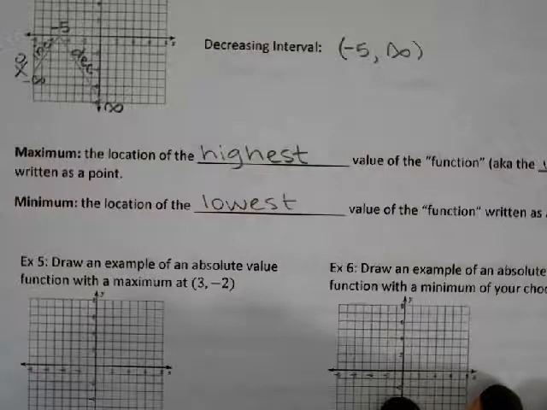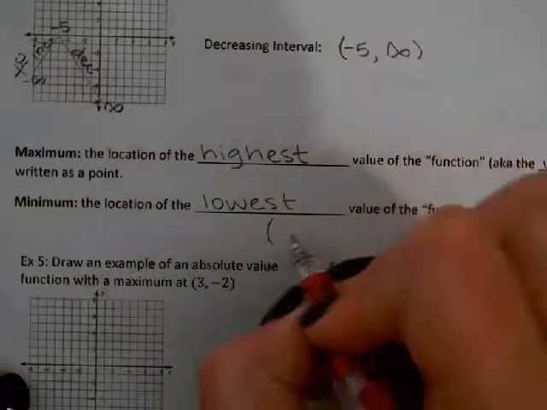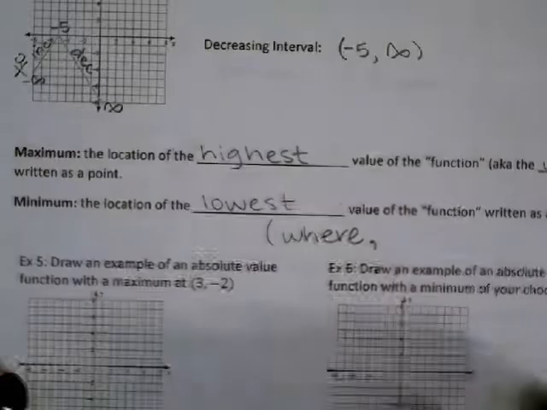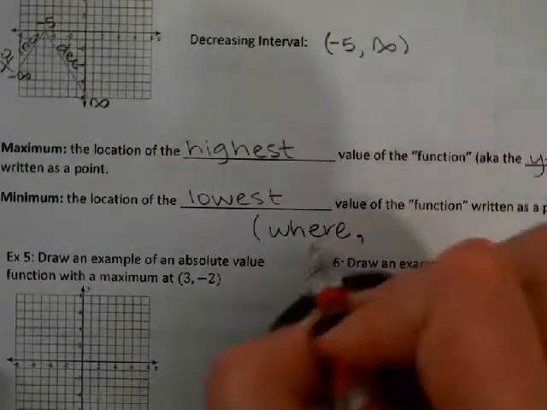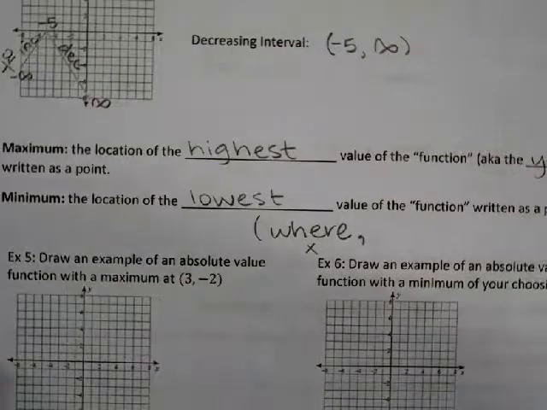So if they say, where is the maximum located, they want the x-coordinate. If they say where, they want the x-coordinate. Where is the maximum located? Where can you find the minimum? Something like that. They want the x-coordinate.